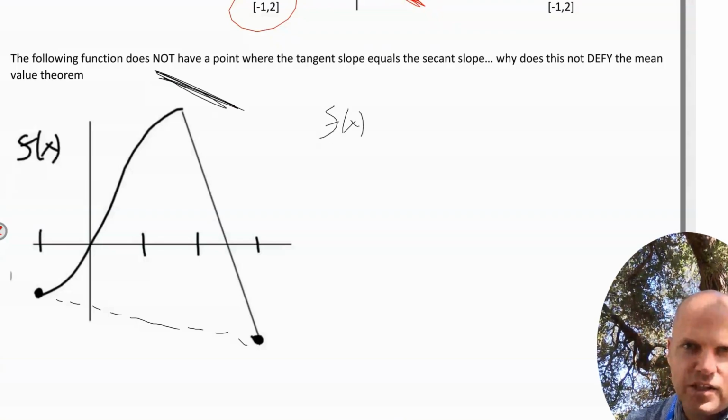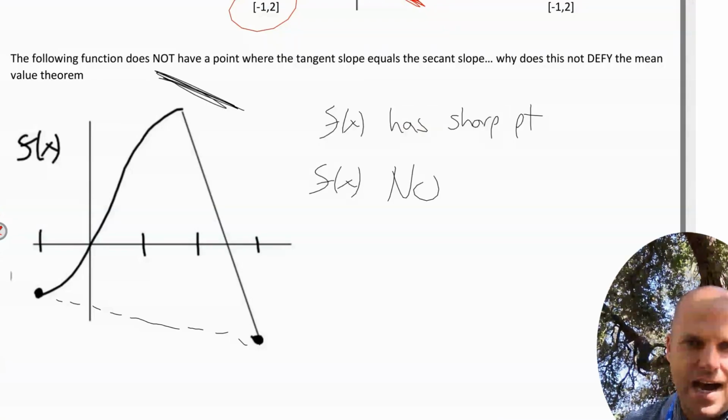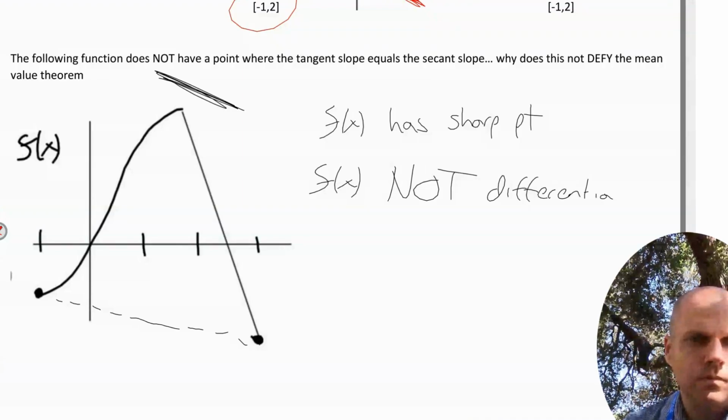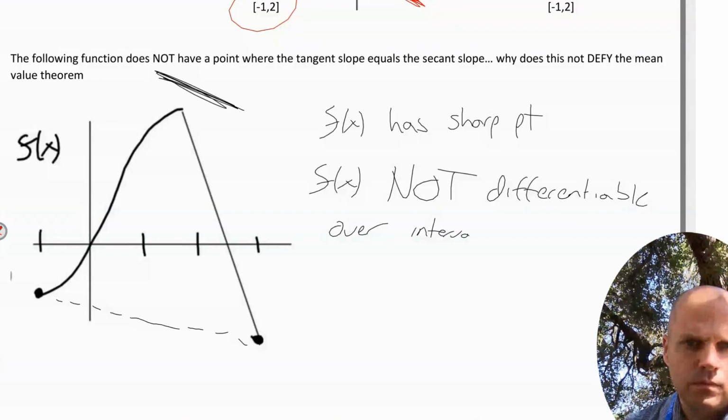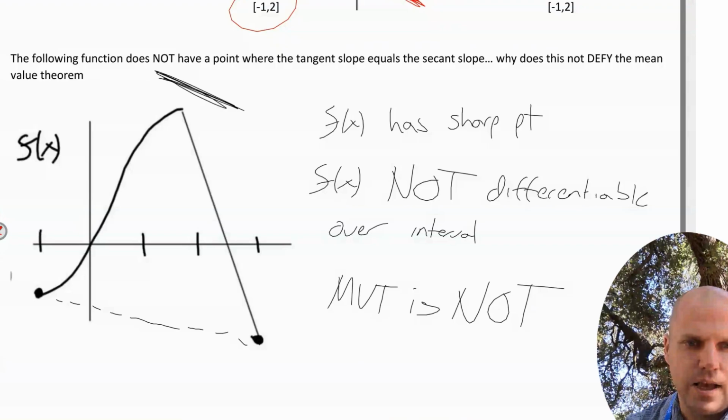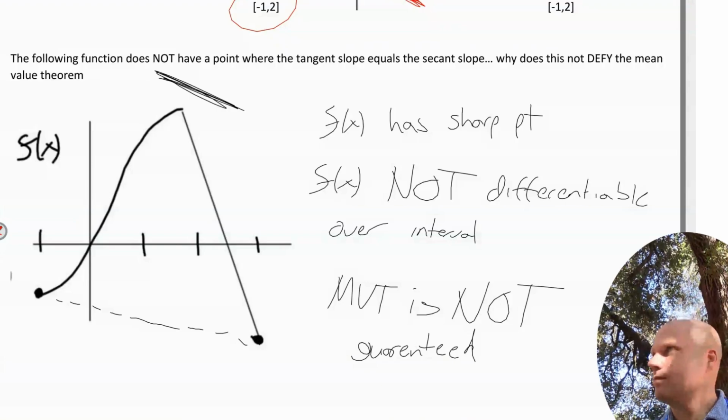Well, f of x has a sharp point, which means f of x is not differentiable over the interval, which means the mean value theorem is not guaranteed. Isn't that cool? So even if you have a vertical tangent, same thing, not guaranteed.